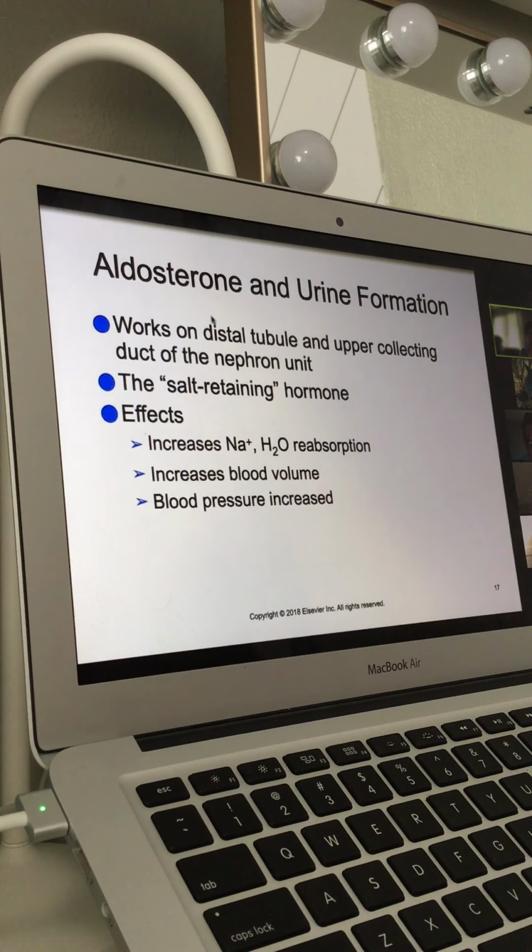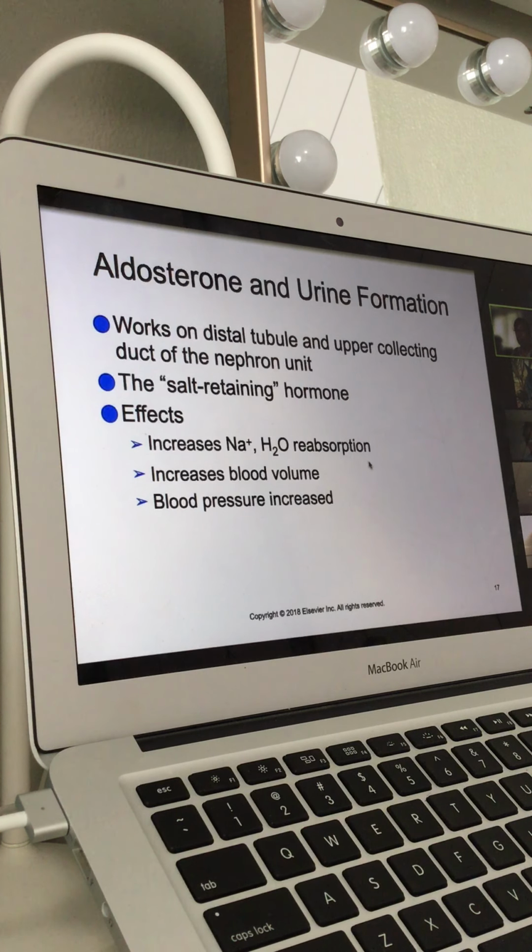This is what I was talking to you about a while ago, aldosterone. This is a hormone that works on the distal tubules and upper collecting duct of the nephron unit. Aldosterone is called your salt retaining hormone. It increases sodium and water reabsorption, increasing blood volume and blood pressure.